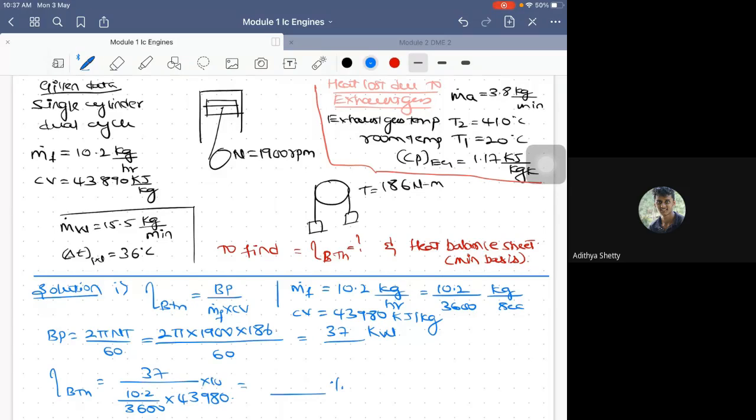For the percentage, you have to multiply it by 100 there. 29.69.